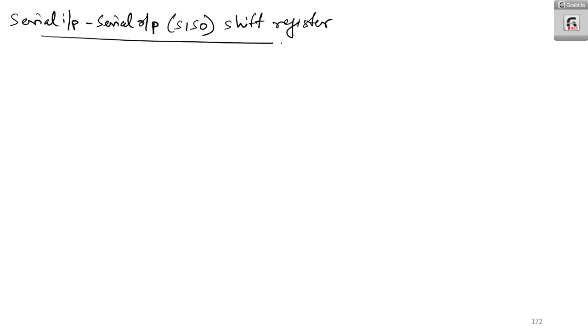Generally, shift registers are formed based on D flip-flops. Because in D flip-flops, the specialty is that whatever is coming in as D will be the output in the subsequent clock pulse.